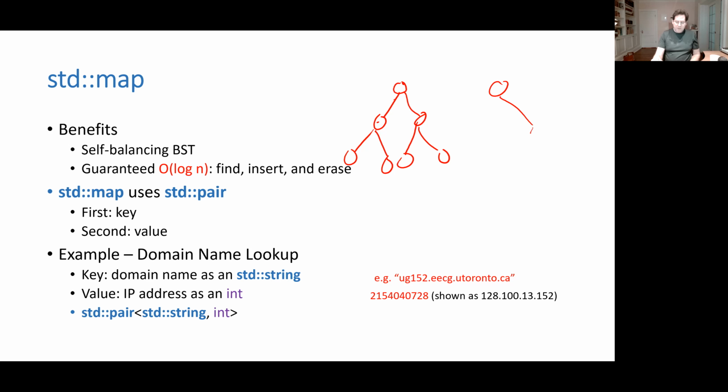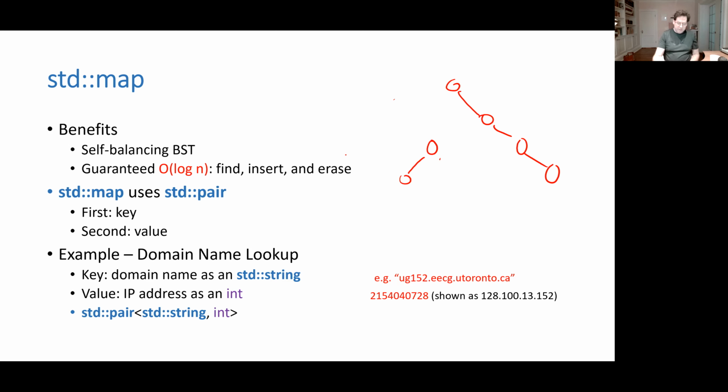Binary search trees can become unbalanced, like this, if your insert operation keeps putting things on one side, for example, and then they can actually get slow. The binary search tree in STL is good. It's what's called self-balancing, which means as you keep inserting elements in it, if the tree is becoming unbalanced, so it's starting to look like this, it will restructure it to make it balanced again.